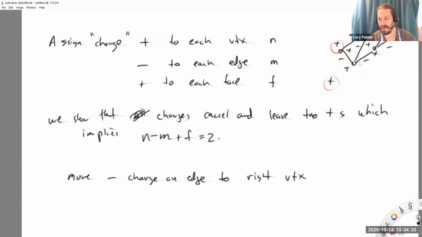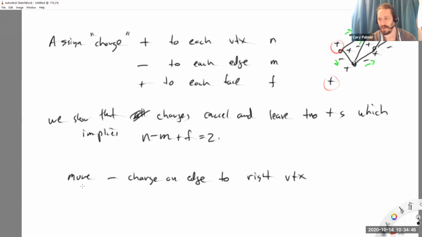Each edge is between 2 vertices, and there's literally a left vertex and a right vertex. That now makes sense because of the arrangement there. So all these negative charges, I'm just going to slide towards the vertex to the right. This one goes up to here, this one goes over here, and so on. I'm not going to draw them all. They slide to the vertex to the right.